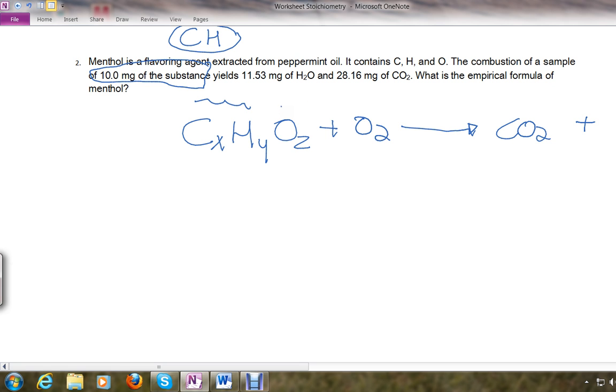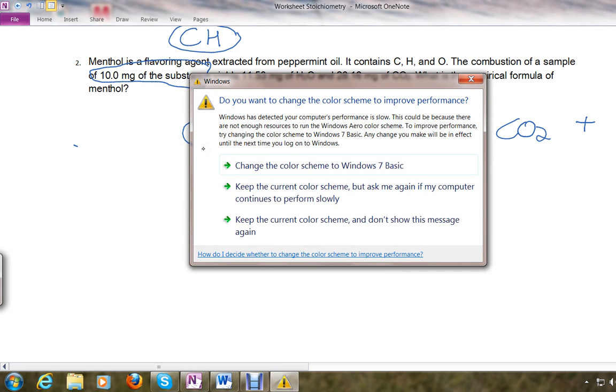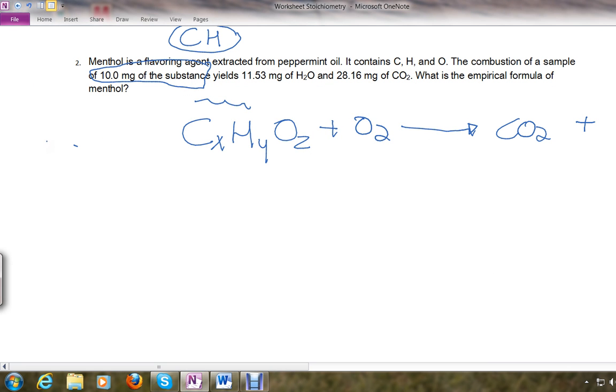We can get the oxygen. Now, I'll tell you right away something. As we're determining the ratio, the ratio of milligrams and grams is going to be the same.